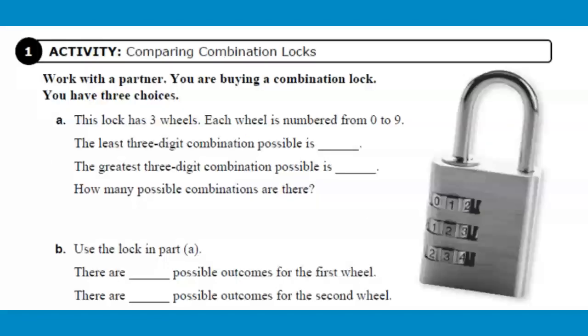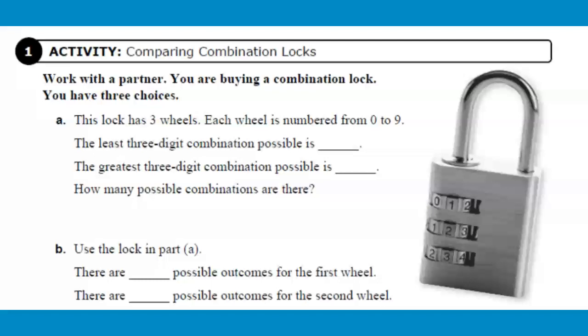All right, so if I was to ask you all of the different combinations that you could use on this lock, we would have to make a pretty big tree diagram. So in this 3-wheel lock, the numbers are 0 to 9. Now 0 counts as a number, so 0 to 9, there are 10 different outcomes for that first wheel, 10 different outcomes for the second wheel, and 10 different outcomes for the third wheel.